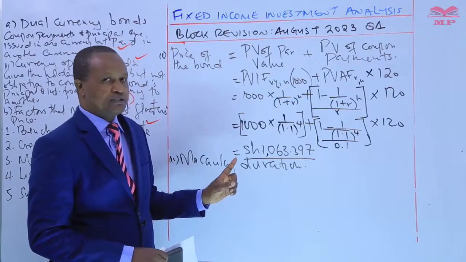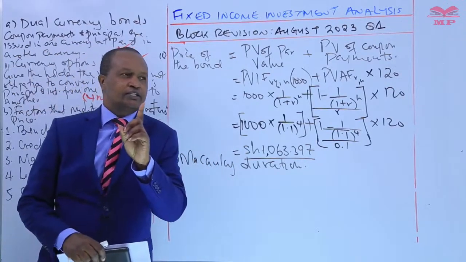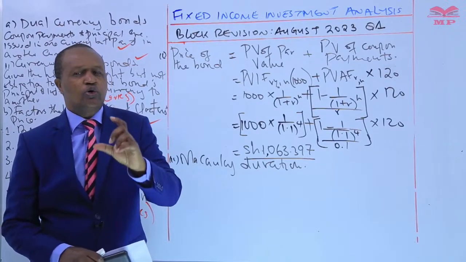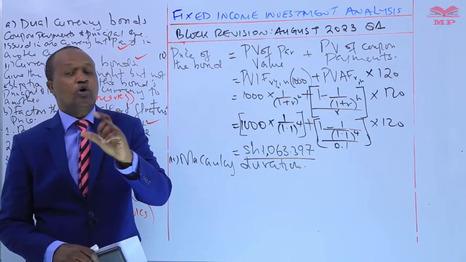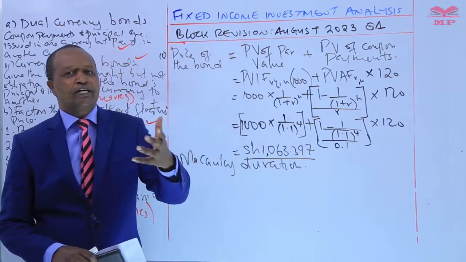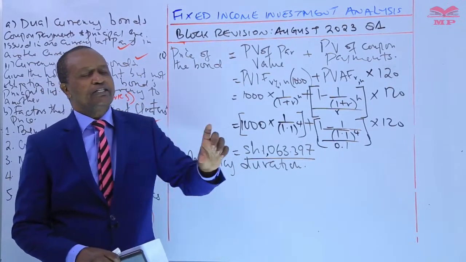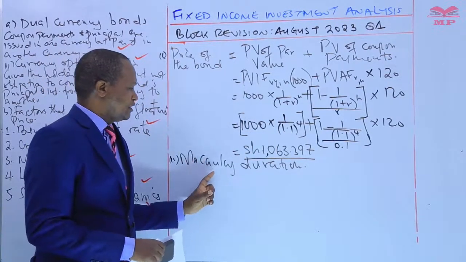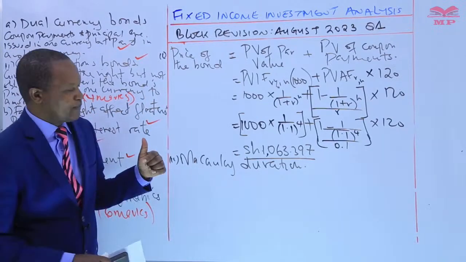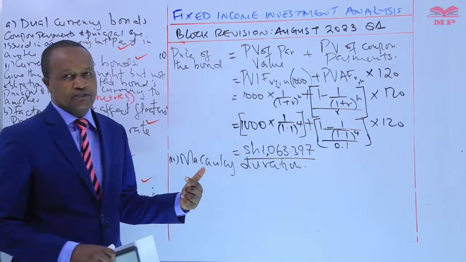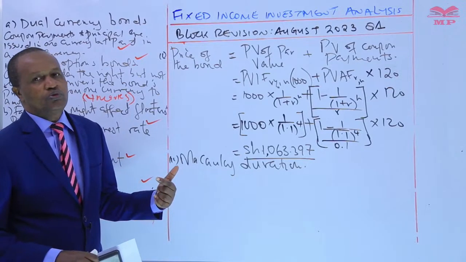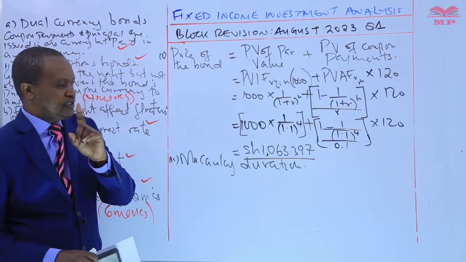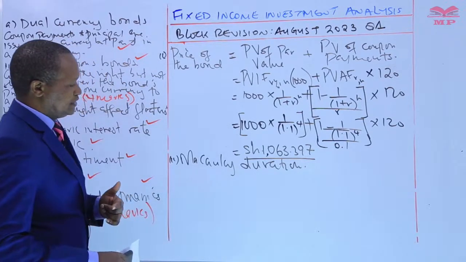In simple terms, it tells you how long you should expect to hold the bond on average to get back the money that you invested plus the interest. Macaulay is named after Frederick Macaulay, an economist who introduced the concept around 1938.